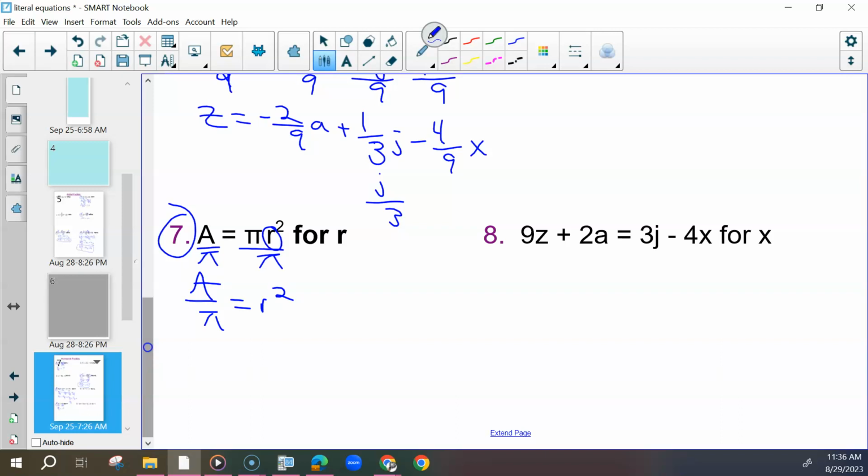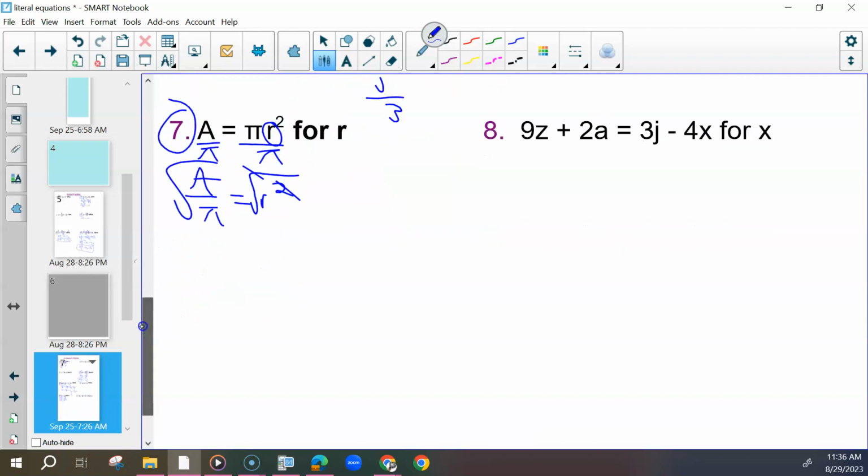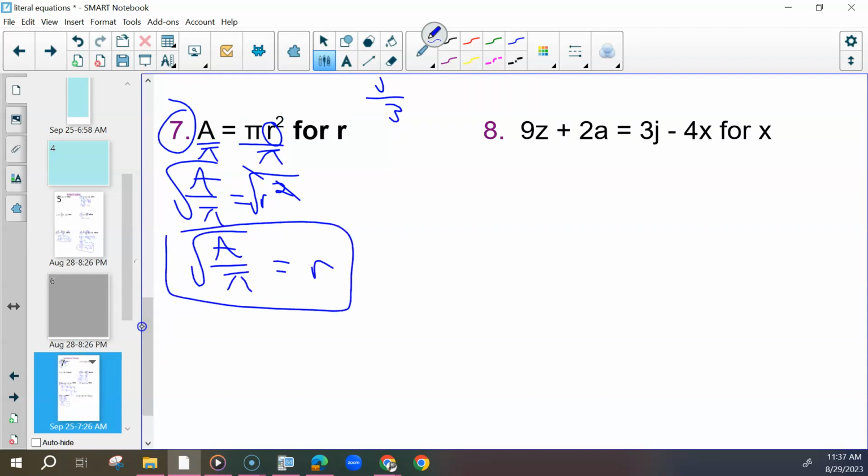How would we do that? Take the square root. And we have to do that to both sides. So on the right, the square and the square root cancel each other out. But on the left, we just have the square root of a over pi. And that would be it. Questions on that, or other questions on this page or last page that we skipped over?